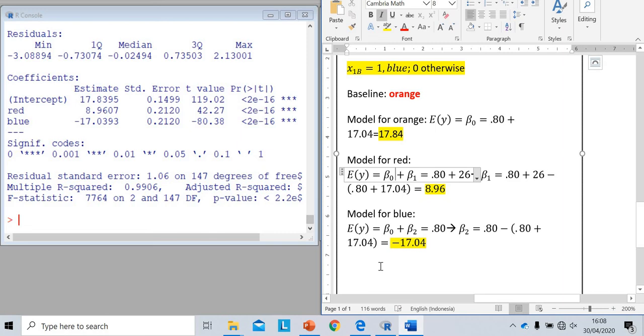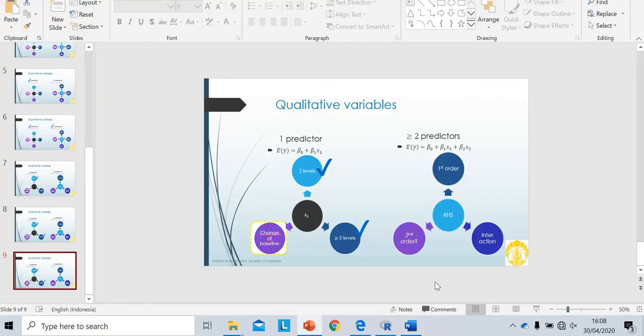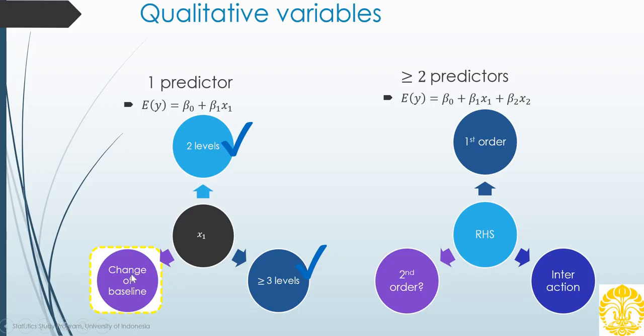Okay, so what can we conclude from this illustration? If you change the coding of levels of the categorical variable, yes, the estimated parameters change. However, the interpretation of the effect of each level of the categorical variable relative to the response variable is still the same.